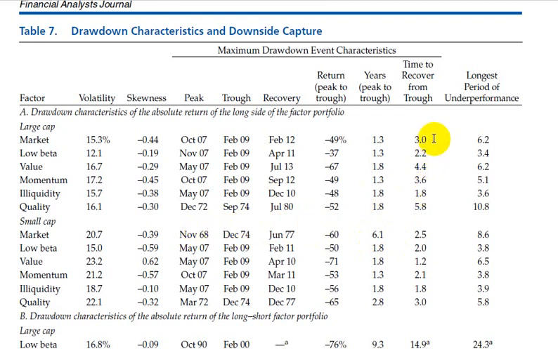And to recover from that trough, it looks like quality factors took the longest in the large caps, and otherwise it was pretty much 2 to 3 years to recover. And the longest period of underperformance is related to the quality factor. So investors might be wary of investing in the quality factor if they want to avert that risk.